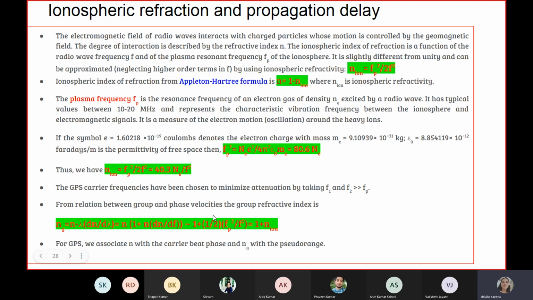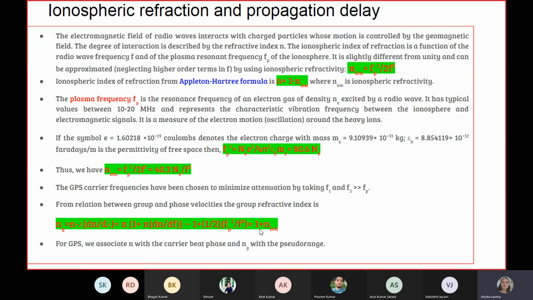From the relationship between the group and phase velocities that we saw in the previous slide, we can arrive at the formula for group refractive index: Ng equals n minus lambda dn by d lambda. Then some simplification is required, substituting all the values of refractivity and index.